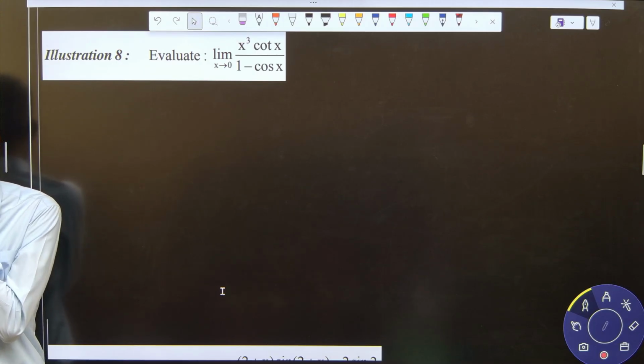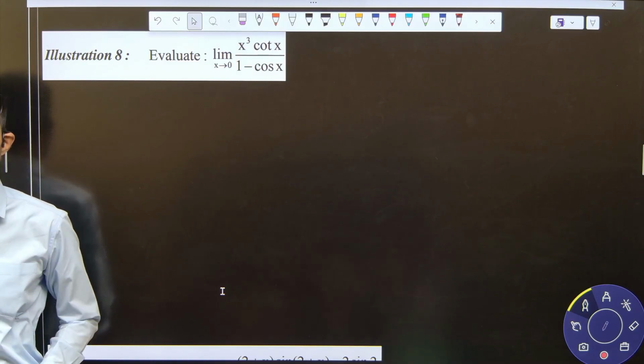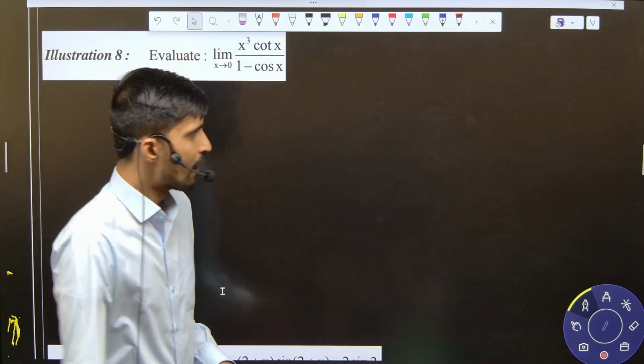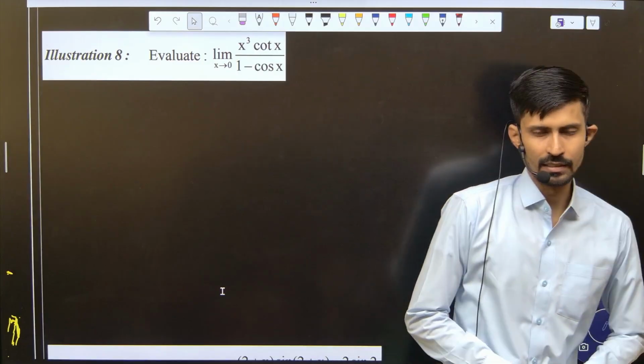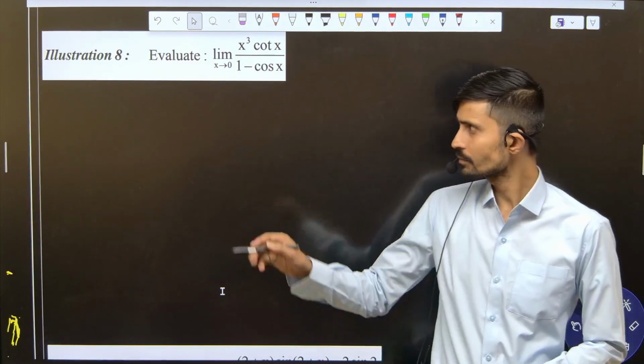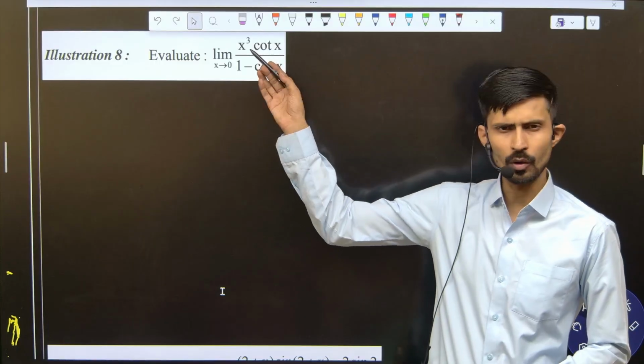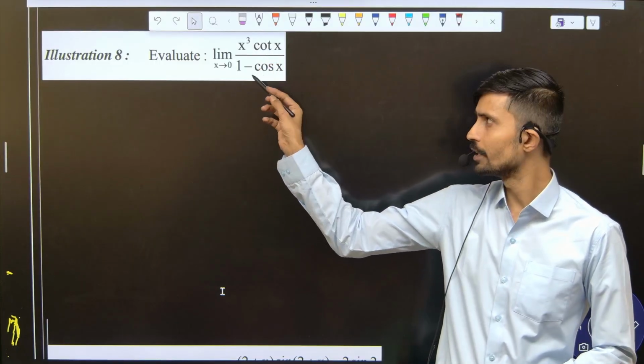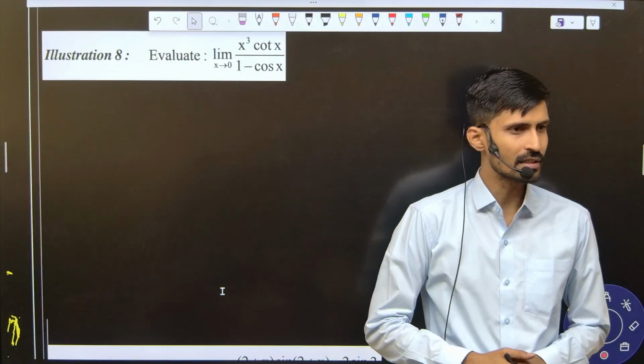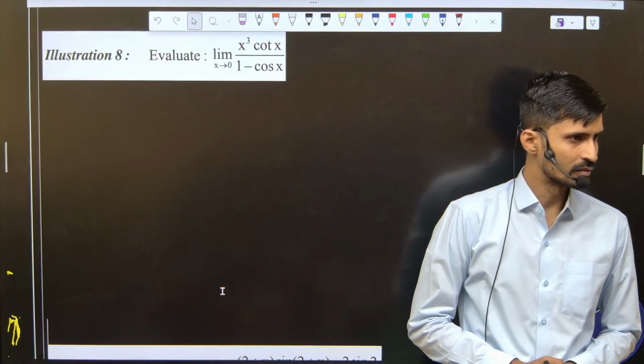First of all, we'll identify which limit this is. X cube, no problem, polynomial. Cot x, trigonometry. 1 minus cos, trigonometry. It means that this is trigonometry. Yes or no? Yes, na?